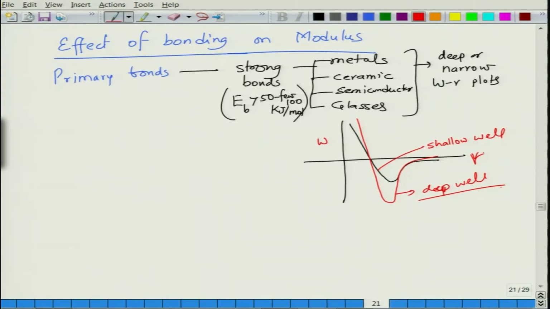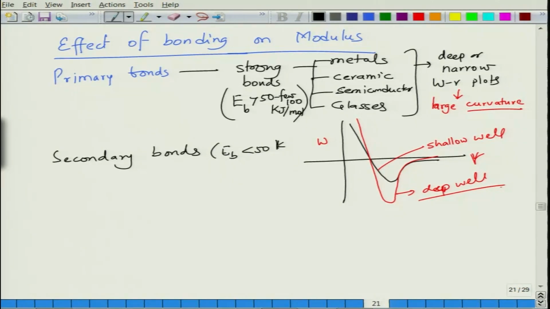So, a deep well will mean you will have large curvature, higher slope. Higher slope will lead to larger curvature. On the other hand, you have secondary bonds like hydrogen bonds, van der Waals bonds and so on, for which the bond energy is generally less than 50 kilojoule per mole, maybe about 10, 20 or even 1 or 2.